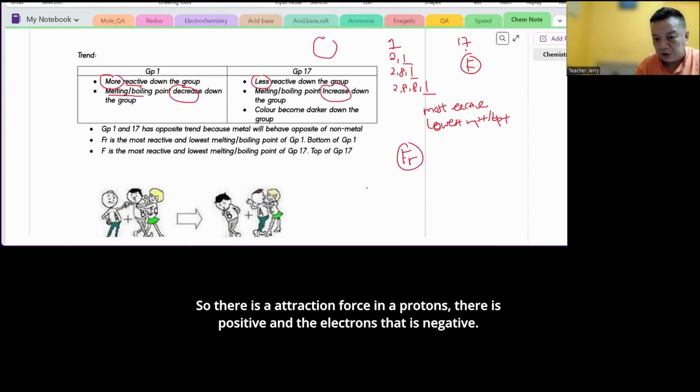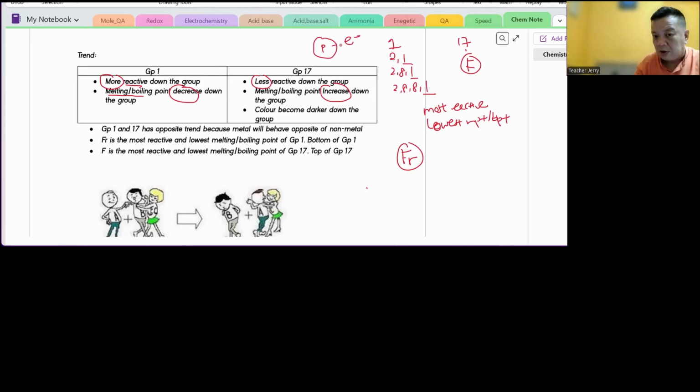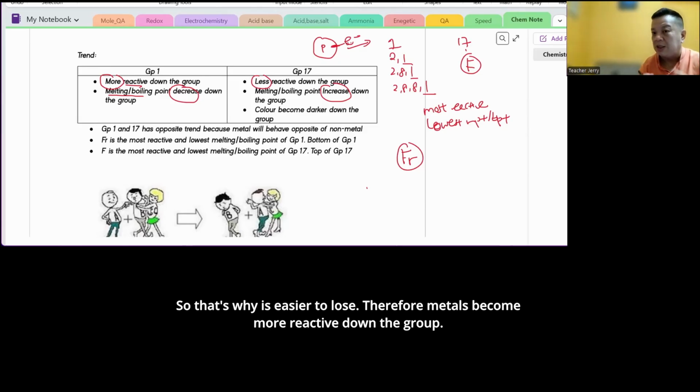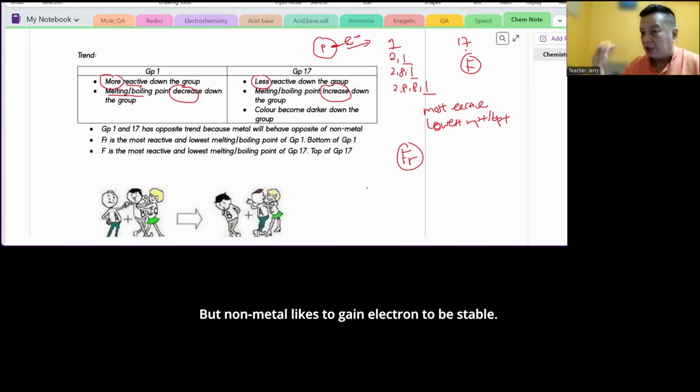There is an attraction force between the protons, which are positive, and the electrons, which are negative. So when the electron is further and further away, the force of attraction is weaker. That's why it's easier to lose. Therefore, metals become more reactive down the group. But non-metals like to gain electrons to be stable. Therefore, the trend is opposite, but it's a similar way of explaining.